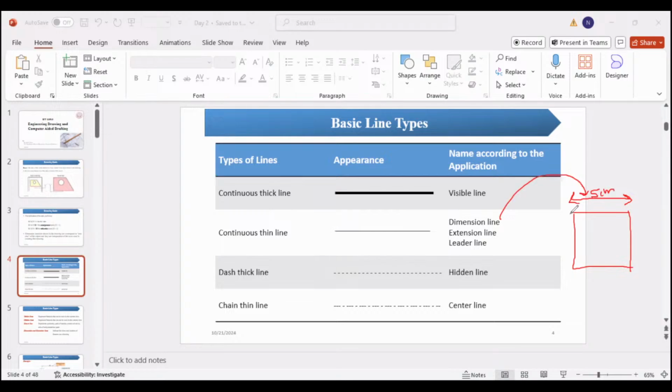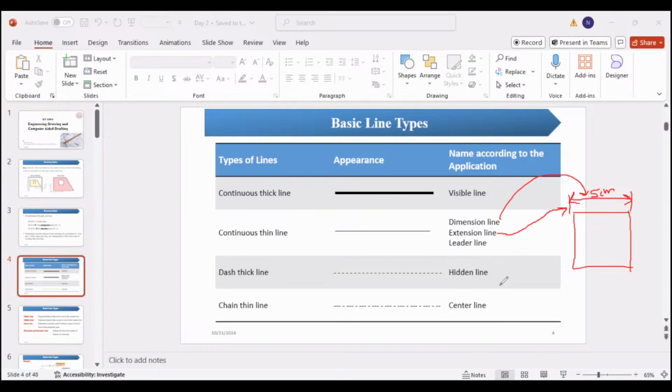So extension line means we use some line to extend this one. We draw two small lines extending upward from the object and then draw the dimension line. Then the viewer understands that this is the distance being shown. So these are the extension lines.